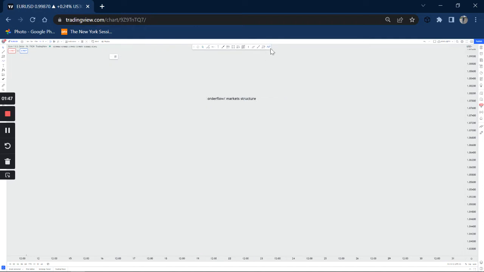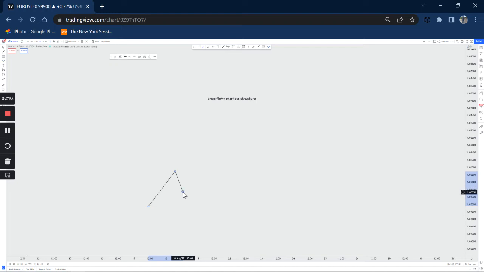So first things first, guys. We're gonna be looking at the bullish order flow of price action. When we're talking about bullish order flow, it is when price is making higher highs, starting from here, where price made highs, and then pulls back to make lower lows.